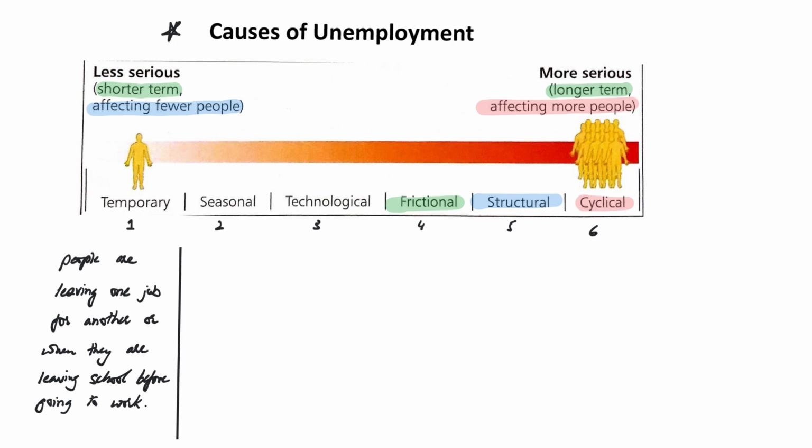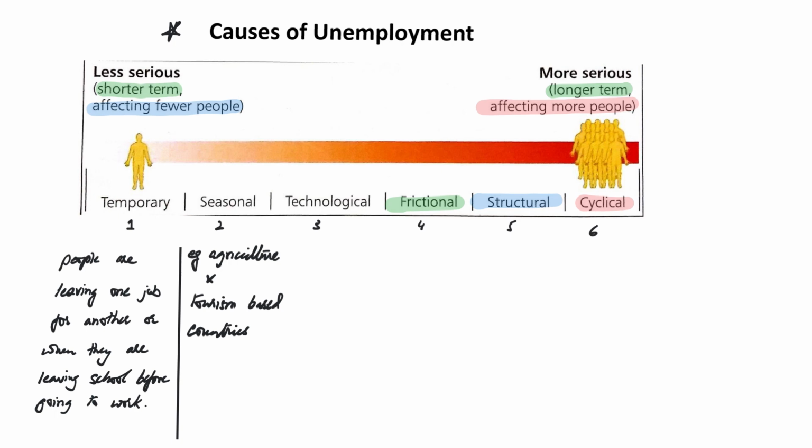Second, not affecting too many people and short term, is the seasonal. This usually happens for countries which have certain seasons, and it might affect people in agriculture and tourism based countries, where because of seasons people get unemployed.